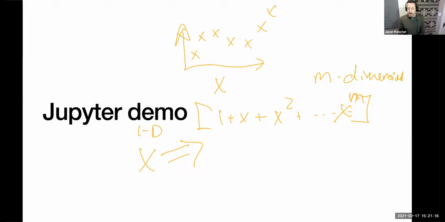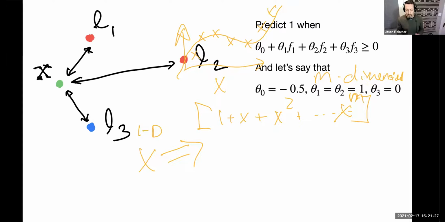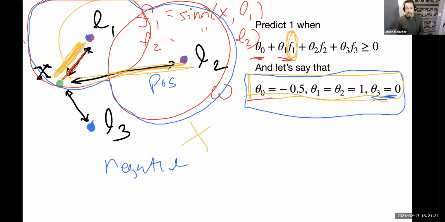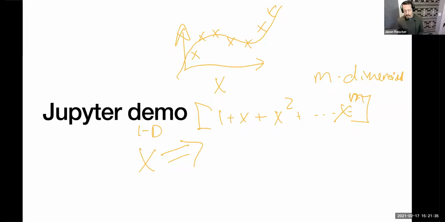Okay, and by doing that, we enable a linear algorithm to fit a nonlinear curve. So that kind of feature transformation is exactly what we are doing here, right? We are transforming the features. But if we do it the normal way, we have this problem. We go from 1D to MD, and m-dimensional problems are always going to be harder, right?